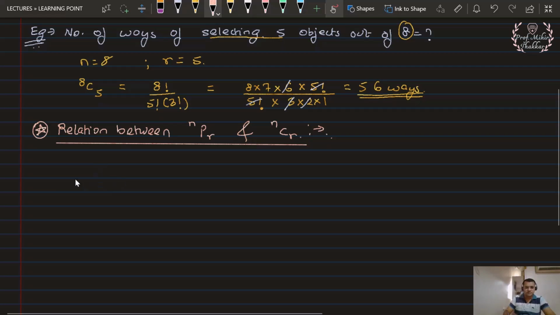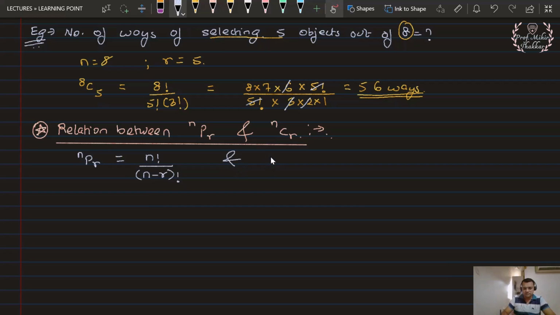It is based on the formulas of nPr and nCr. nPr is n factorial upon n minus r factorial, and nCr is n factorial upon r factorial into n minus r factorial.